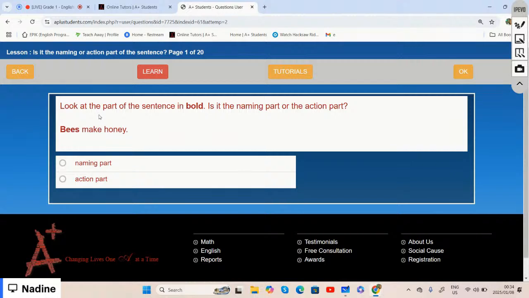Is that a naming part, option one, or is it an action part, option two?